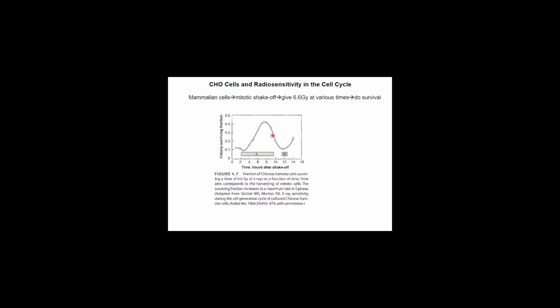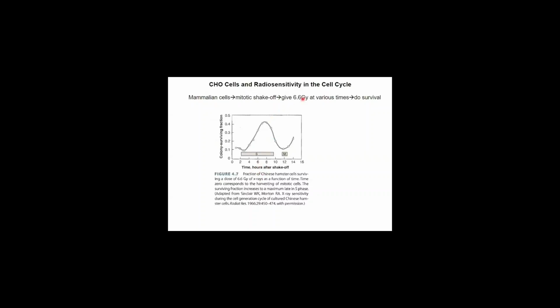Okay, so now that we can synchronize the cells, we can ask the question, what is the most radiosensitive phase of the cell cycle? What they did here is they took Chinese hamster ovary cells. Now remember, CHO cells are the ones with the short G1. They monitored them for the colony surviving fraction against the time after the shake-off.